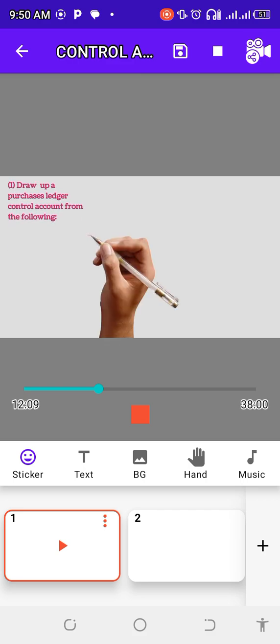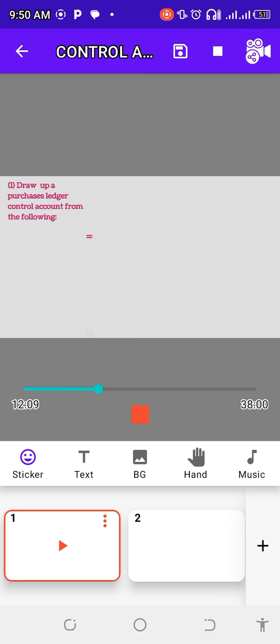Now let us take a practical example. Draw up a purchase ledger control account from the following. Balance brought down 1st June 2024 is 3,800. Total for June, purchases is 5,640.